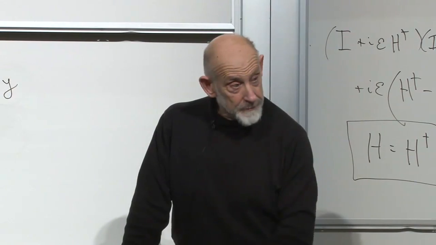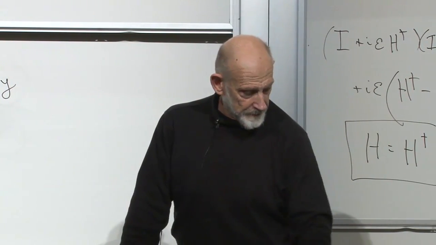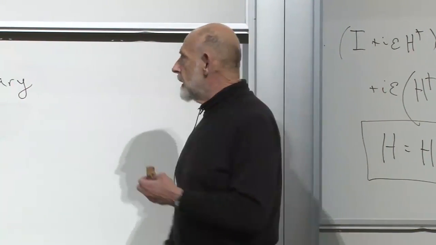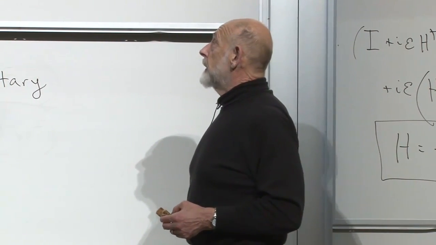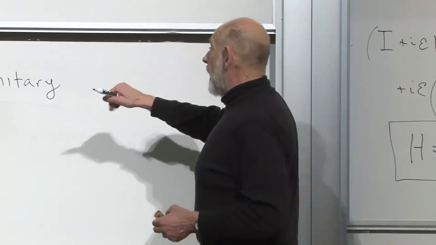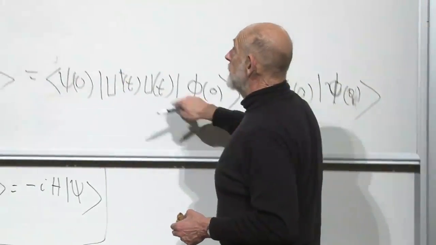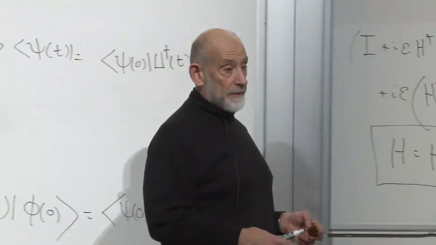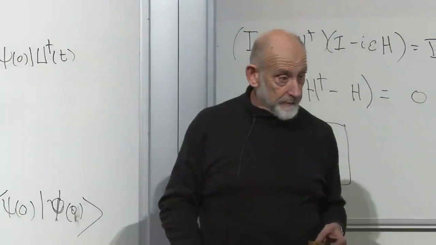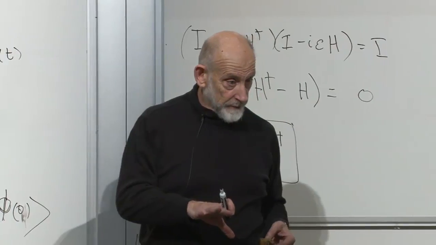Could you summarize the assumptions that you started with? Oh boy. Yeah, really just two assumptions. Well, maybe three. First is that time evolution takes place by a linear operator called U, and that operator is independent of the state that it's acting on. Okay? With me? Okay.